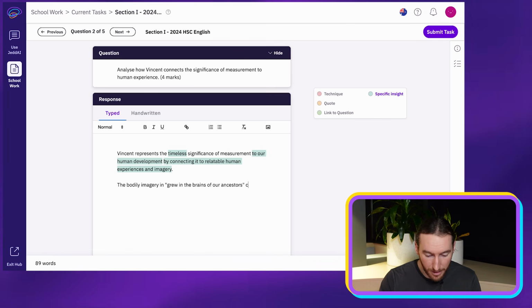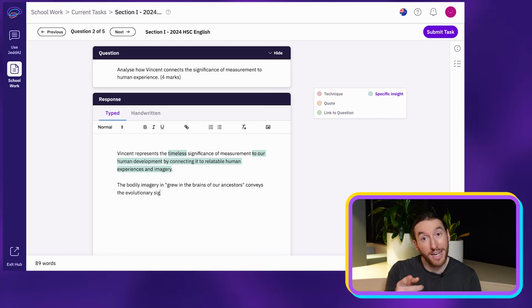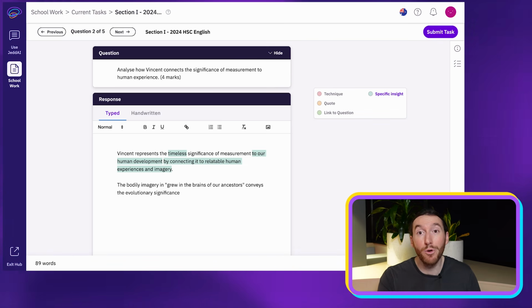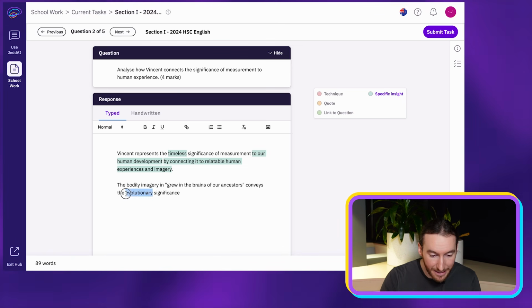The bodily imagery conveys the evolutionary significance. Notice again how I'm using the word significance. I'm using the actual word of the question, but I'm saying what type, and I'm choosing the word evolutionary because it clearly relates to ancestors. So it's kind of like a 2-in-1: I'm using a word that clearly connects to the quote, but it's also helping expand on the key word of the question. It conveys the evolutionary significance of measurement.